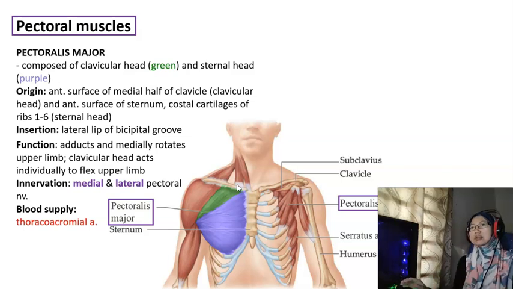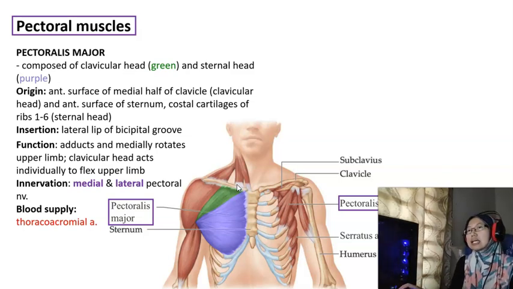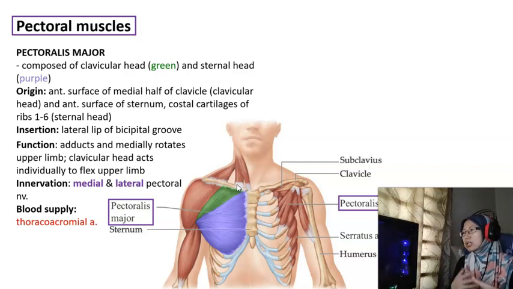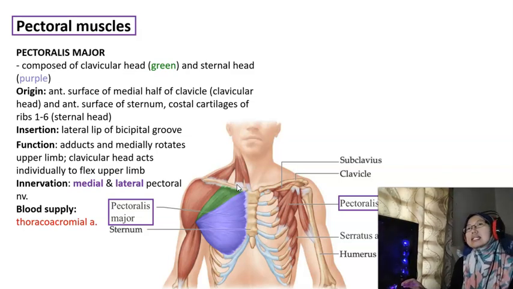Okay, and because it is a major, big muscle, it is innervated by two nerves, which are the medial and lateral pectoral nerves, and supplied by the thoracoacromial artery. Throughout this lecture we will see a lot of the thoracoacromial artery. I will mention it a lot because it is one of the axillary artery branches.